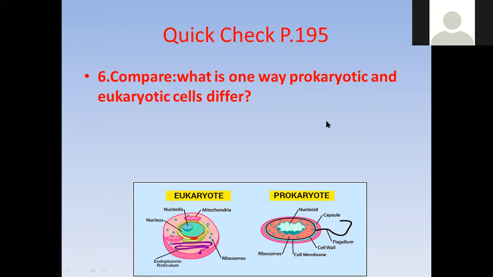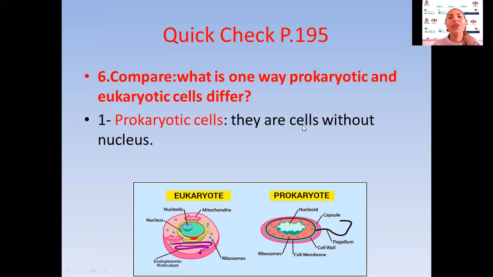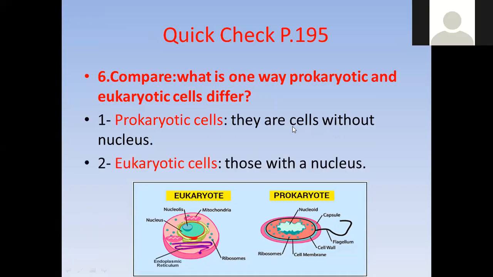Prokaryotic cells do not have a nucleus. They are cells without a nucleus, while eukaryotic cells have a nucleus. Okay, thank you so much, Jury.